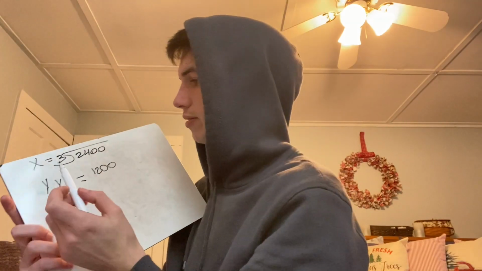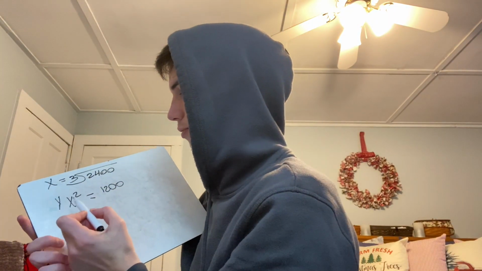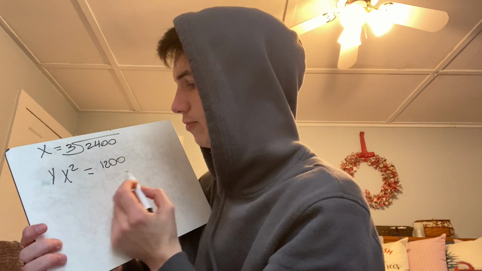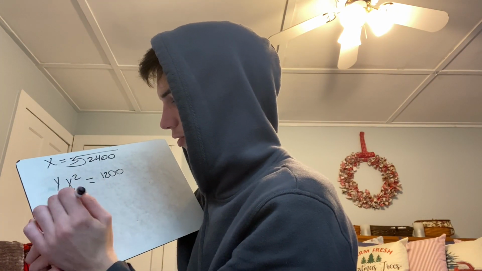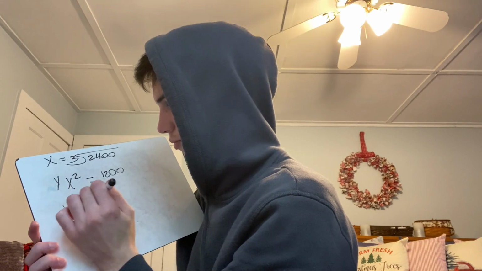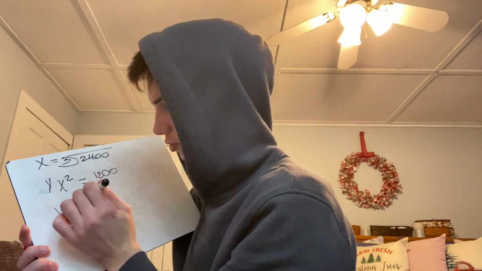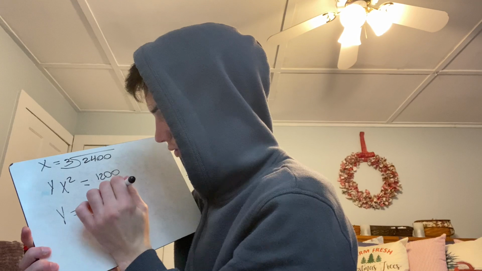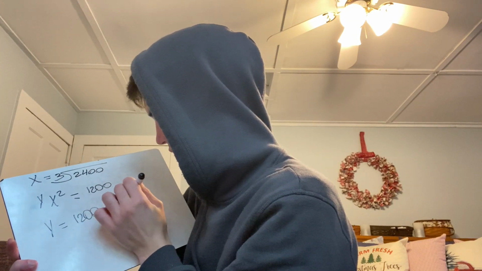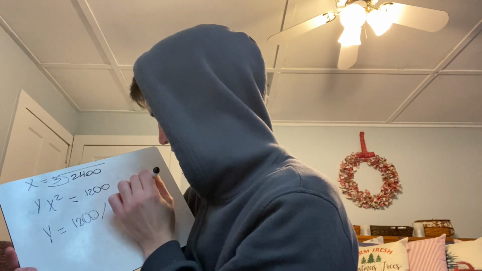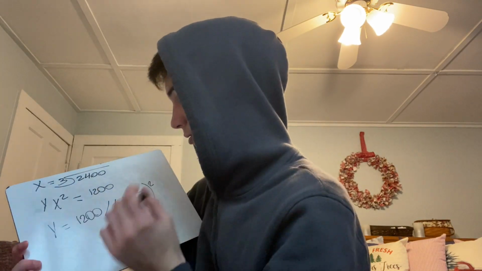After finding the value of x, we will plug it back into our volume function, and we're going to solve for y. So y equals 1,200 divided by the cube root of 2,400 squared.